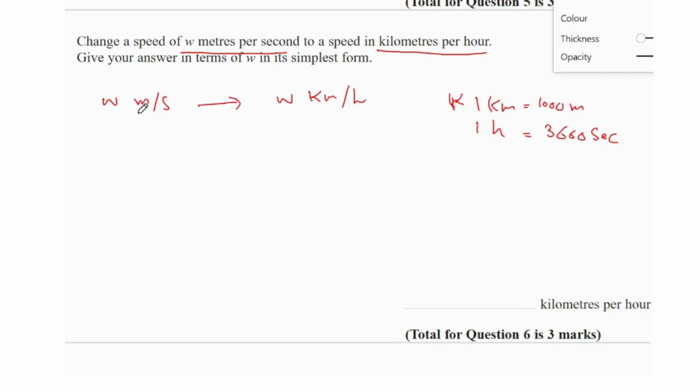So we need to convert into a bigger unit. If we want to convert meters into kilometers, we divide by 1000. So we're going to multiply by 3600 and divide by 1000. These two zeros cancel out. So you will get 36 divided by 10, which is 3.6 W.